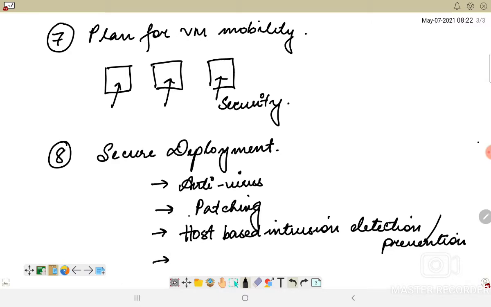Similar things would be deployed in your virtual machines as well. And use of templates and cloning. Templates form a very core component of any type of deployment, and we should be very careful in making use of templates as a whole.